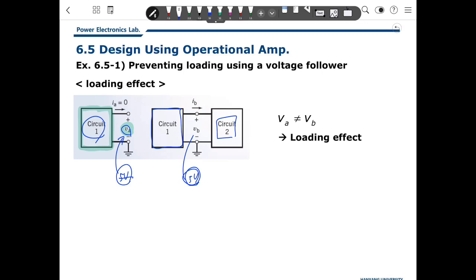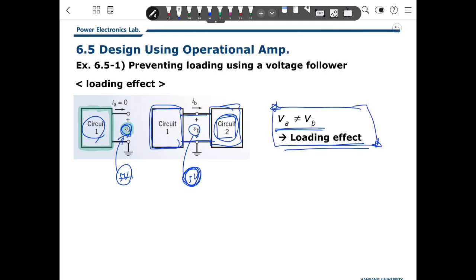Because the output of circuit 1 is 5 volts, when we combine the two circuits, we expect that the input of circuit 2 is 5 volts. But unfortunately, when two circuits are combined in this way, VB is not the same as VA. We call this a loading effect.